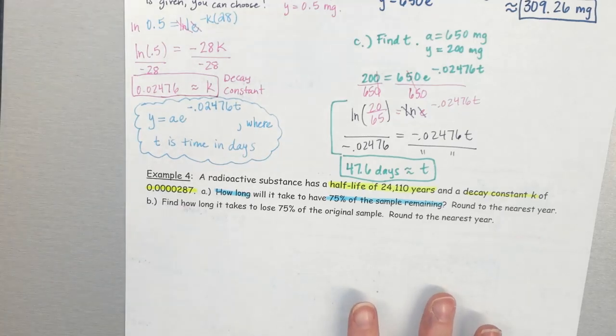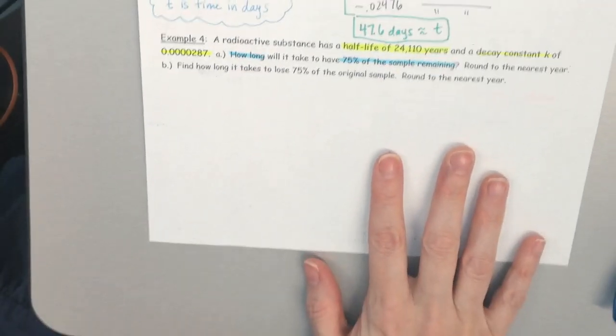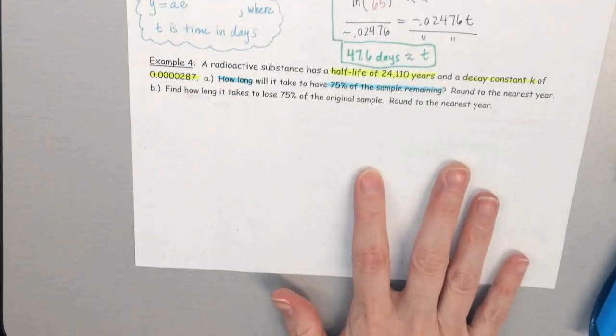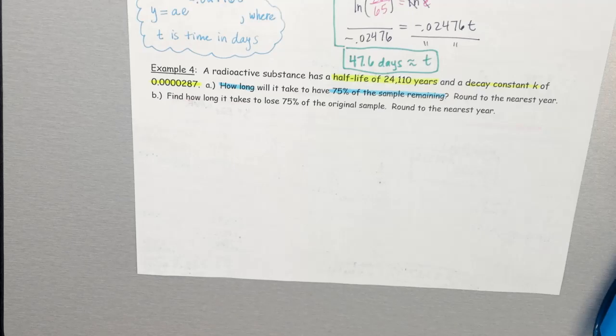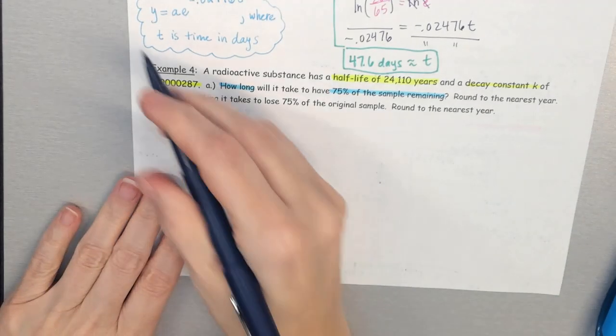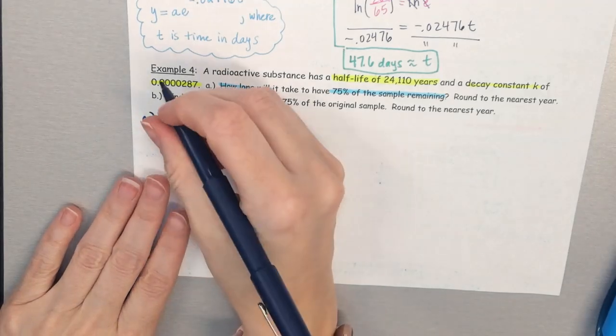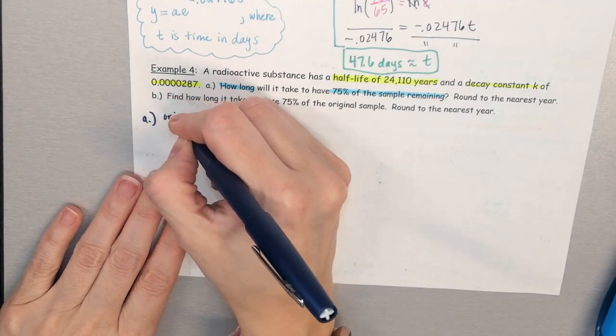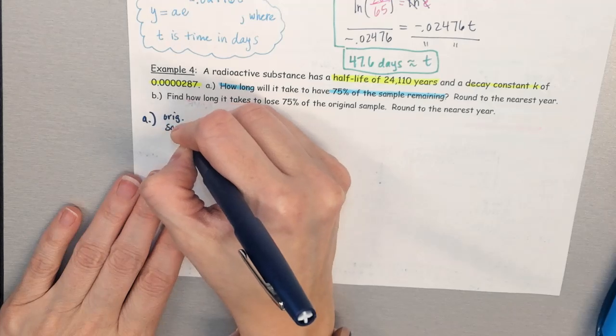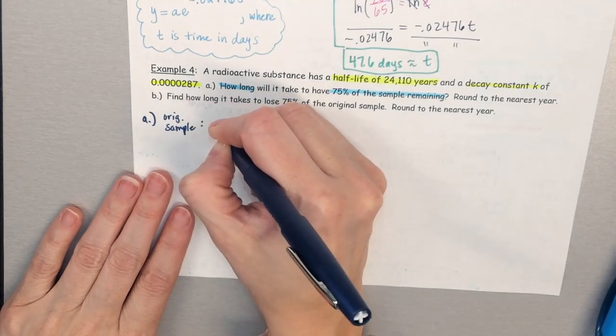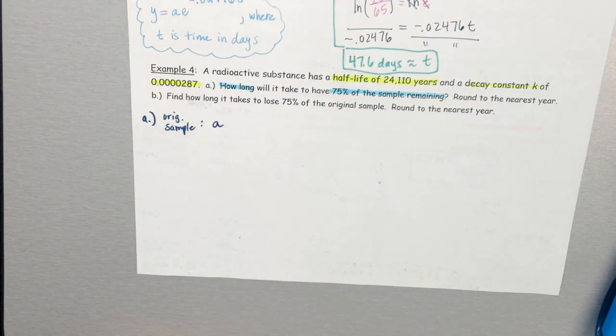Okay, and there's a couple different ways you can set this up. I'm going to show you two different ways with our different steps here. So one way you can think of this is if they don't give you an original value, you can just think of your original sample as A, because that's the variable we use.